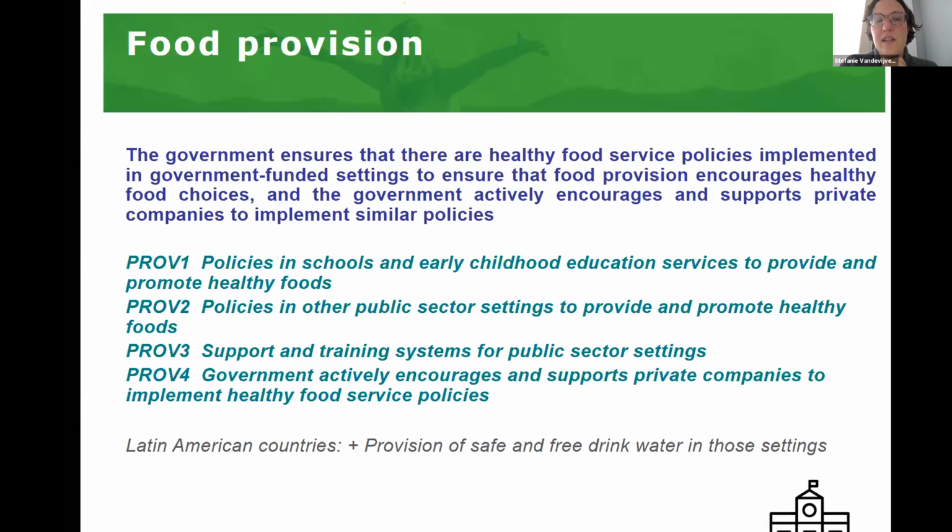But the second indicator looks at other public sector settings and similar policies, like removal of vending machines, food standards, and so on. And then the second and third indicators are more looking at whether there's support, training systems, or guidelines that the government is developing to help these public sector places or settings to develop and implement such policies.